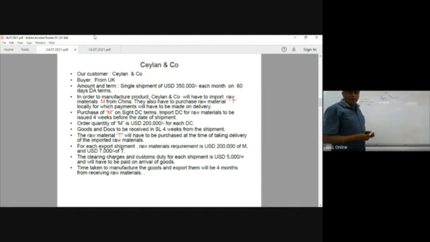Purchase of M on sight LC terms. Order quantity of M is US dollars 200,000 for each LC at sight.